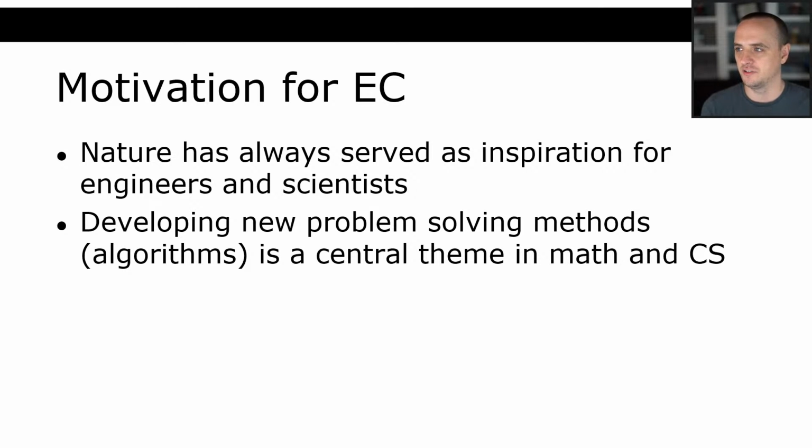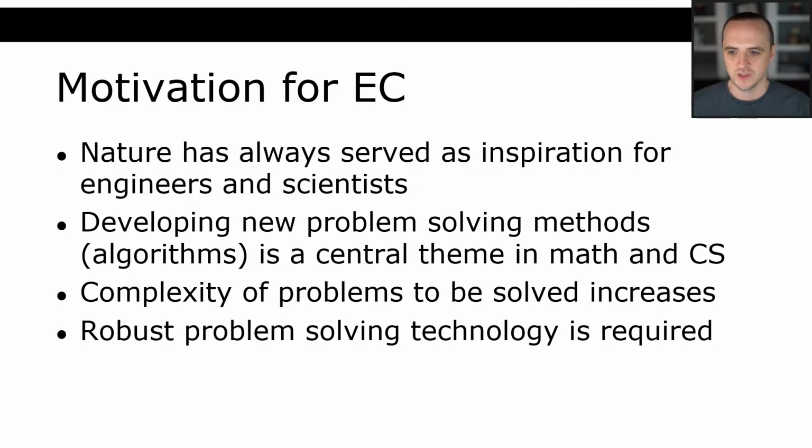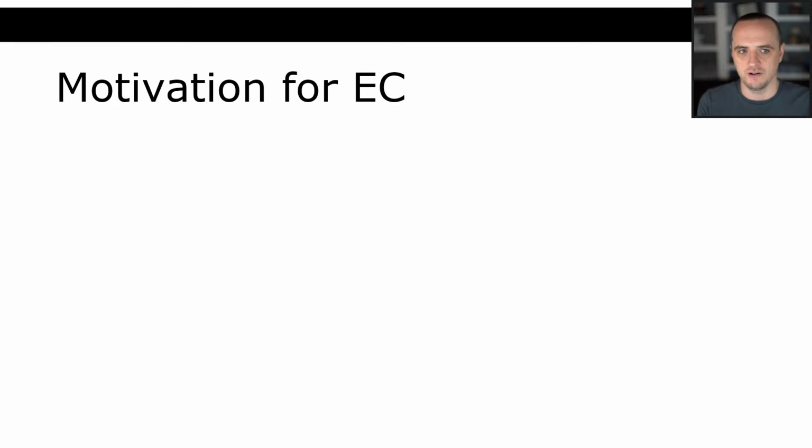We always want to have better and better decision-making processes, better optimization processes, etc. And as we get more and more data, as the world becomes more and more connected, the complexity of our problem space grows exponentially, right? So the problems we had to solve back in the 50s, not as complex as we have to solve now, 70 years later. And so robust problem-solving technology is required.